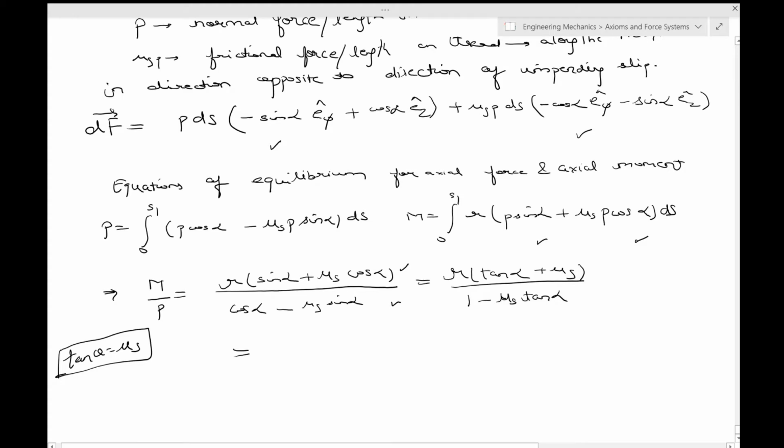So now this quantity can be written as r of tan of (alpha plus theta).